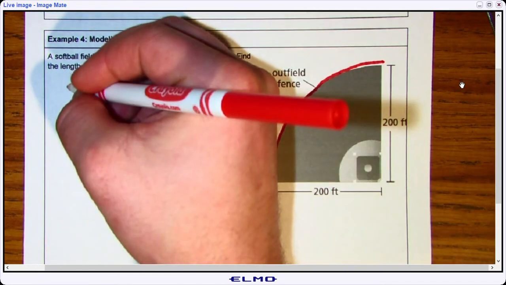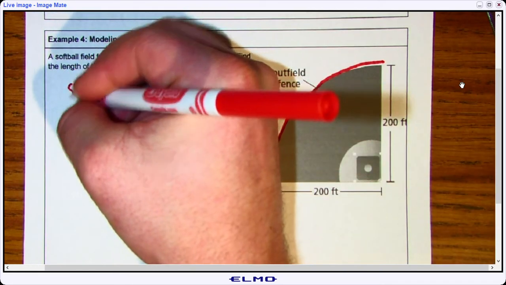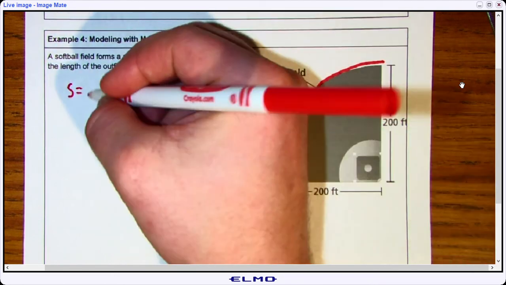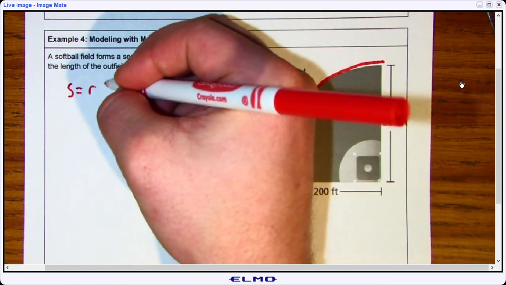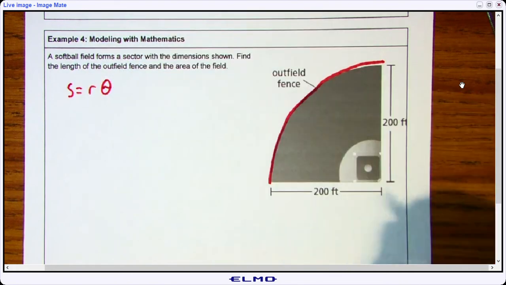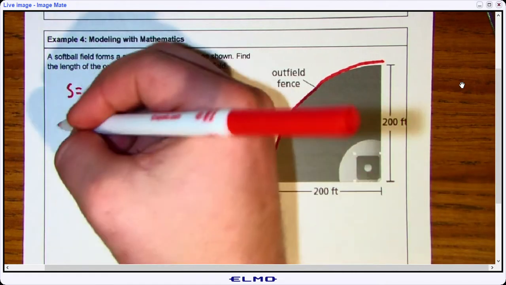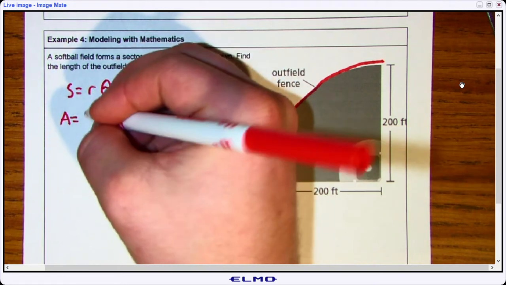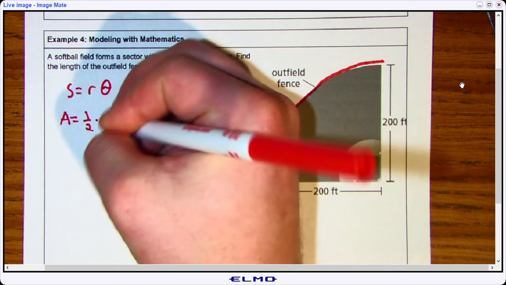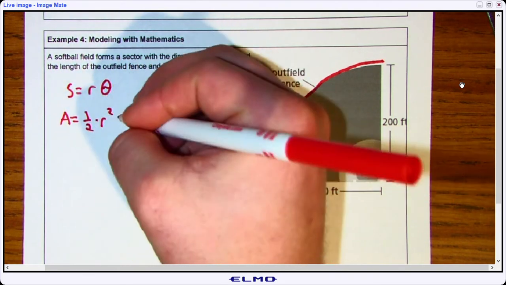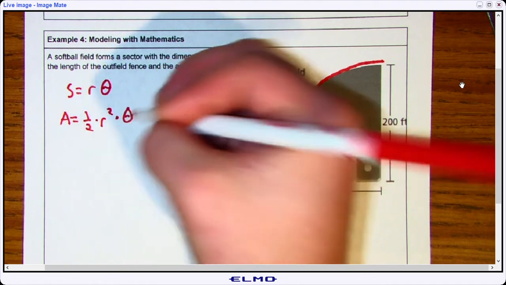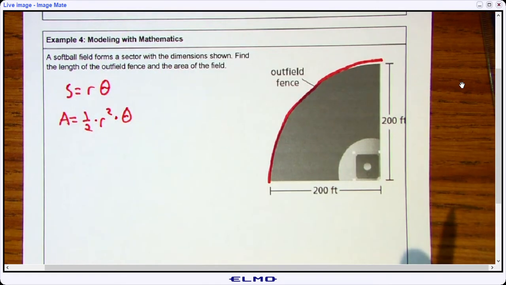So for arc length, we'll call it S, is equal to the radius times the degrees in radian, and then our area was just equal to 1/2 times the radius squared times our degrees in radian.